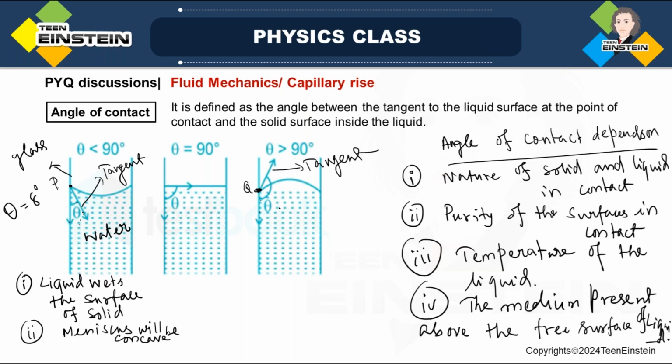We had solved that, when the angle of contact will be acute or obtuse or something else. So that kind of question may come from here. So the liquid does not wet the solid surface.